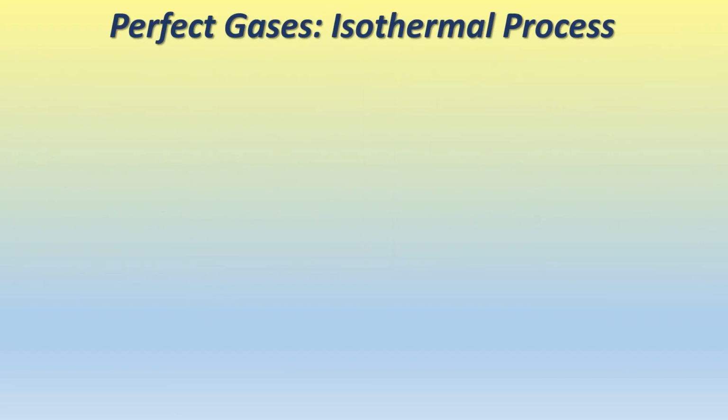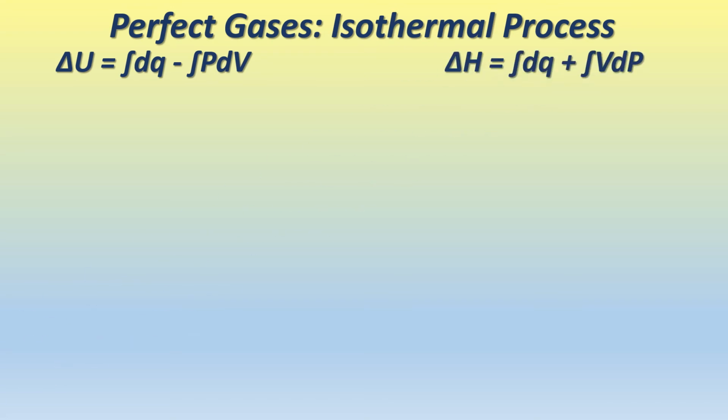Let's do a comparison. I have a perfect gas for an isothermal process. Delta U is dQ minus PdV. Delta H is dQ plus VdP.